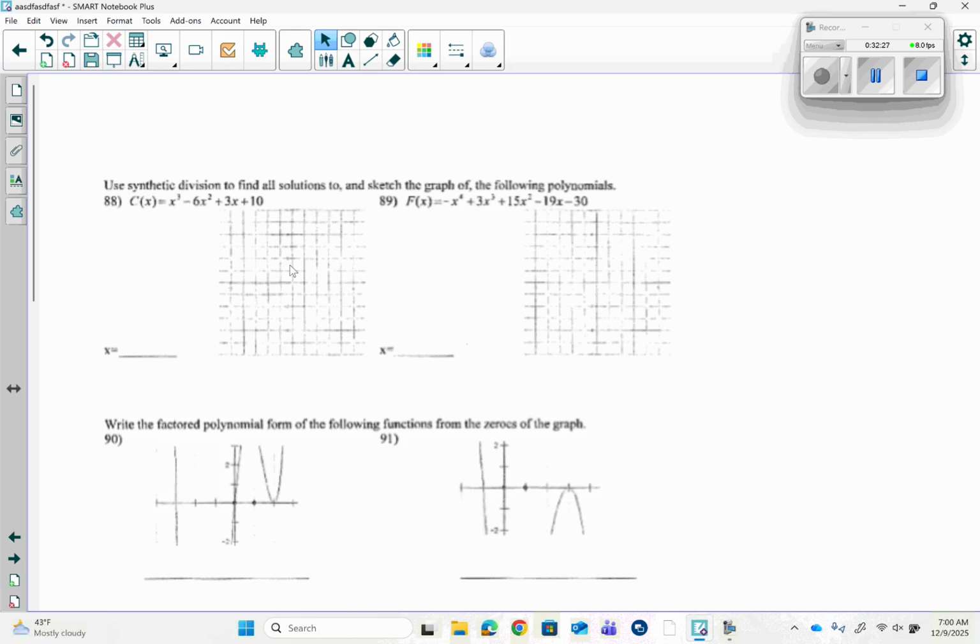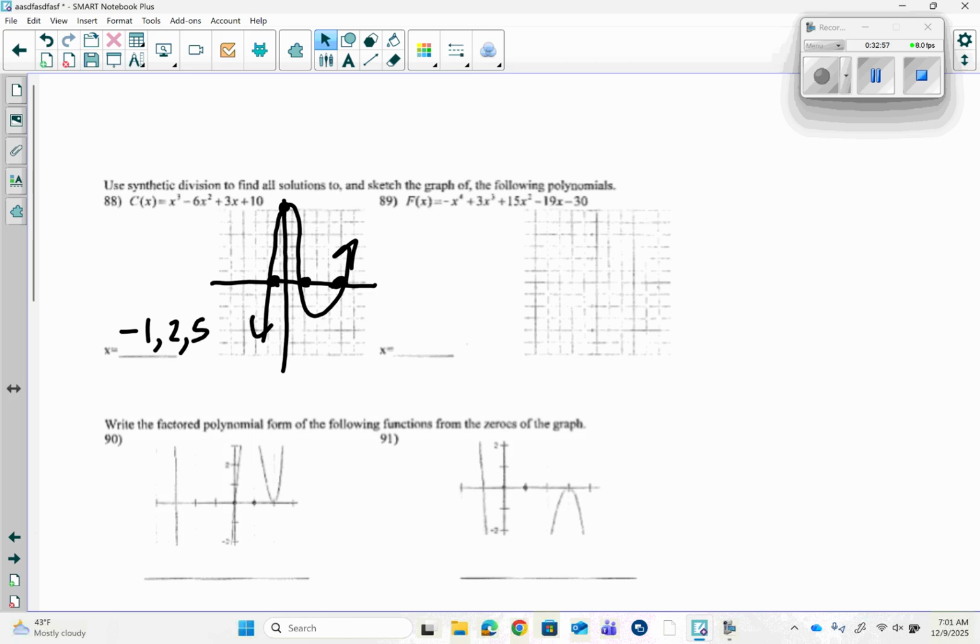Looks like -1 is going to work. So if you made your xy axis, -1 is going to work, 2 is going to work, and 1, 2, 3, 4, 5, and 5 is going to work. And then we have a y-intercept up here at 10. So your solutions are -1, 2, and 5.